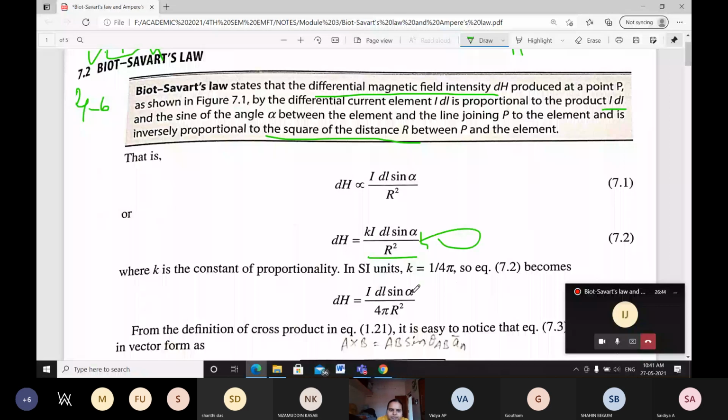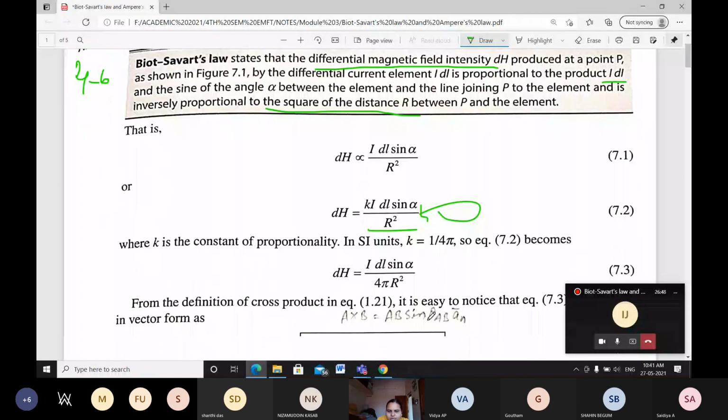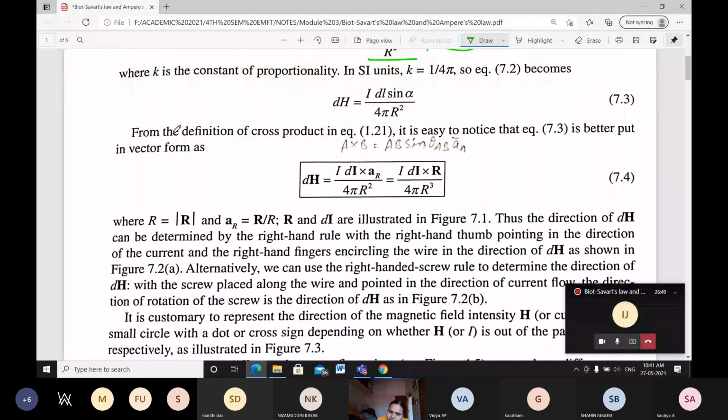From the definition of the cross product, A cross B is AB sine theta, the angle between them, into AN.